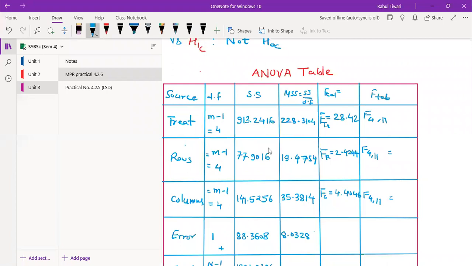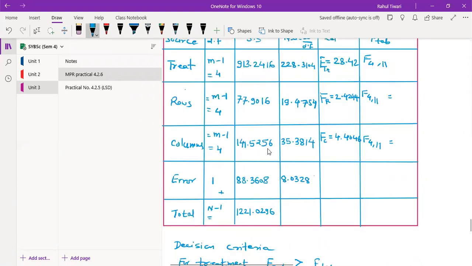Okay, we never discussed degrees of freedom. So total observations is 25. Out of 25, 25 minus 1 is 24, and again one observation is missing.